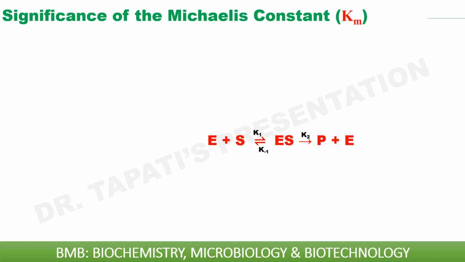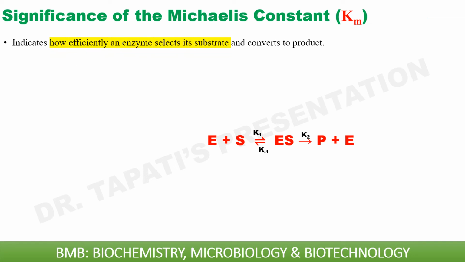Let's discuss the significance of the Michaelis constant, that is Km. Km indicates how efficiently an enzyme selects its substrate and converts it to product.